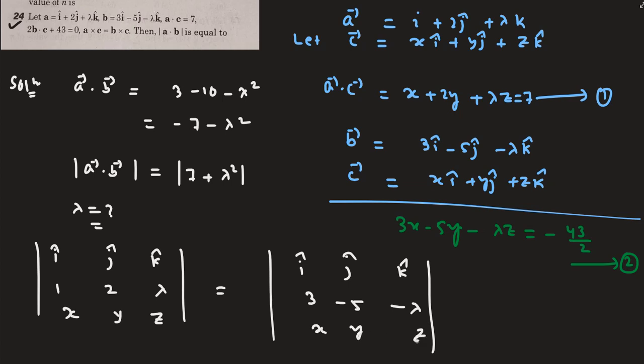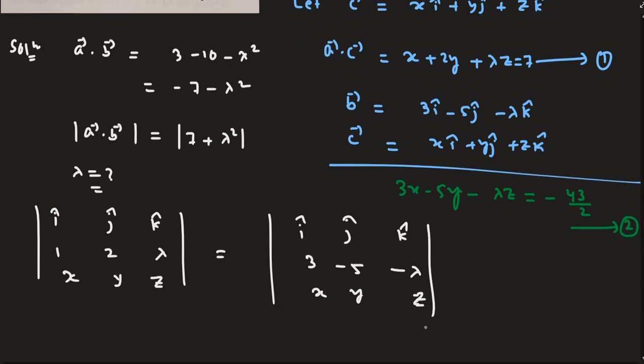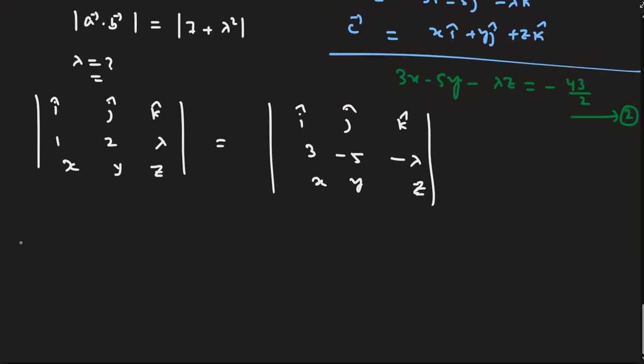Okay, now their cross product is the same. That means if I take the i component, it will be 2 times z minus lambda times y, which is the same as minus 5z plus lambda y.